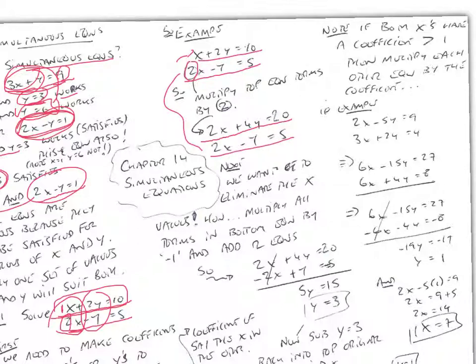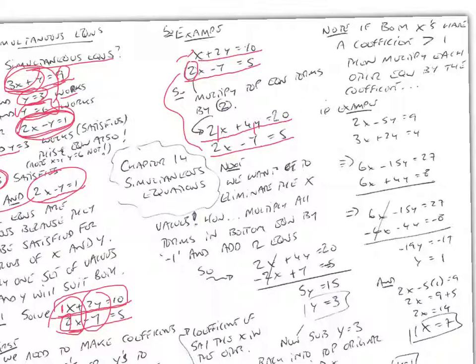The next thing we want to do is add these terms, the x's with the x's, the y's with the y's, the numbers with the numbers. But in adding them, we want to basically eliminate, this is the elimination method, eliminate either the x's or y's so that we can work with the other one.